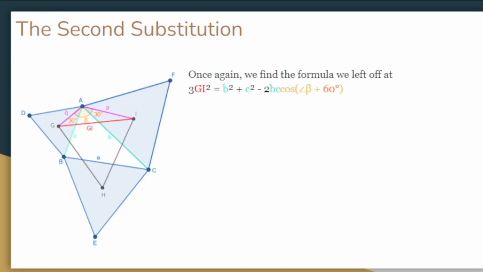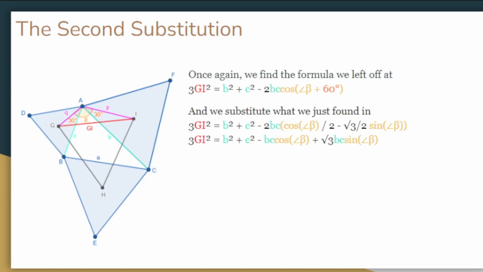We'll then substitute this into our formula to obtain 3 times GI squared equals b squared plus c squared minus bc times cosine of beta plus the square root of 3 times bc times the sine of beta.